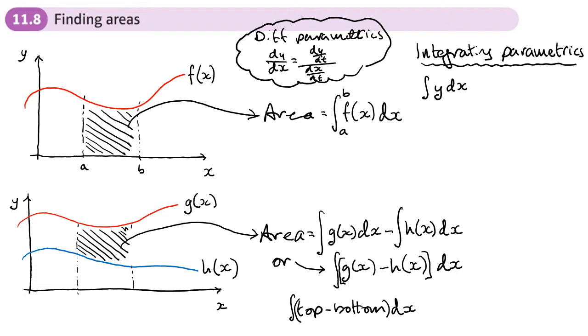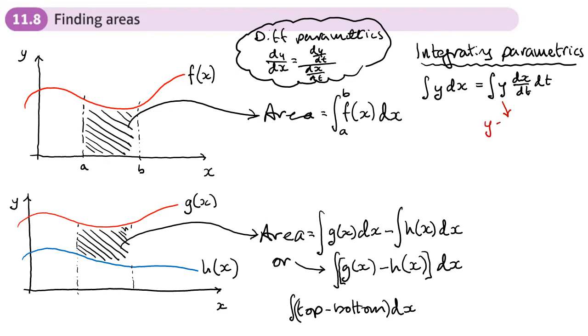If it's a parametric, that's the same as y dx/dt with respect to t. If you multiply this out, it becomes the same as that, but what we have here are things in terms of parametrics.